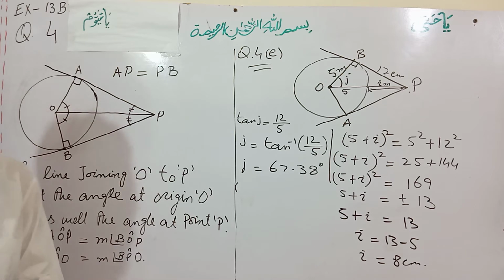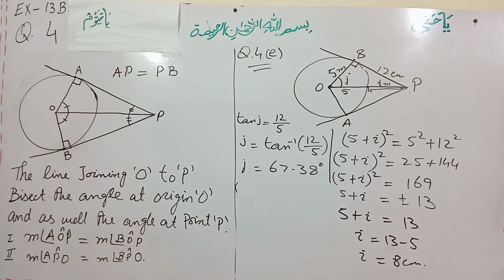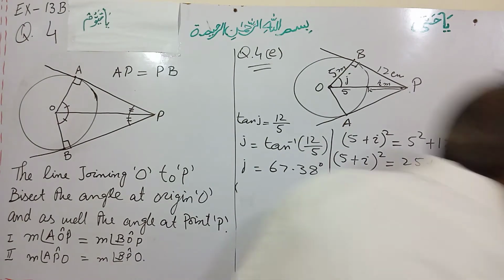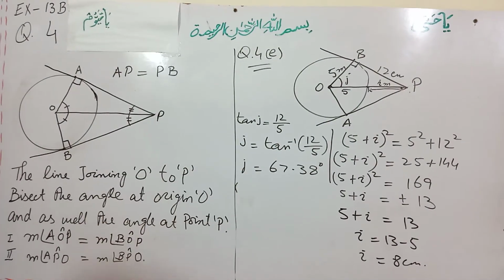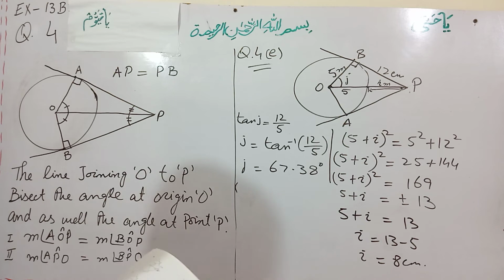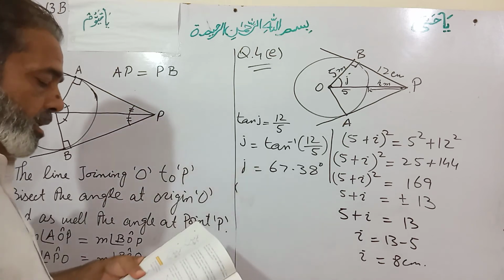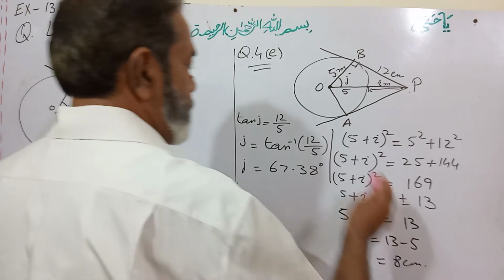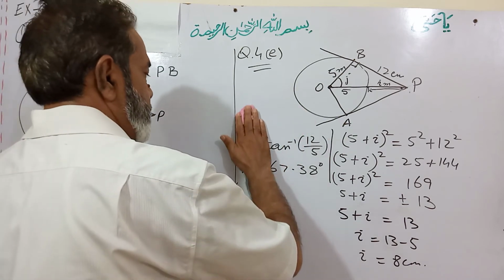Now for part F, I will erase this, but I will not erase the figure. I will make changes in the figure because the figure is exactly alike, so I will just erase the values.